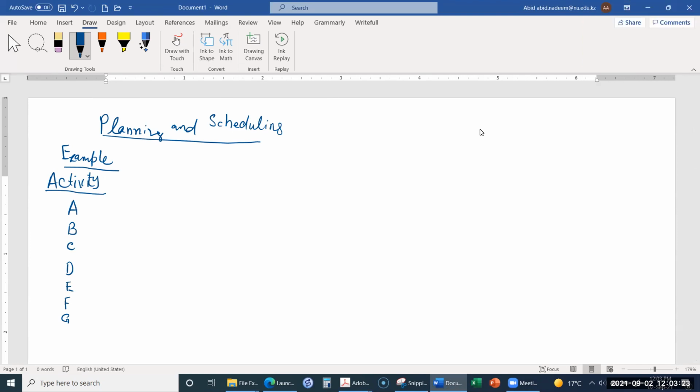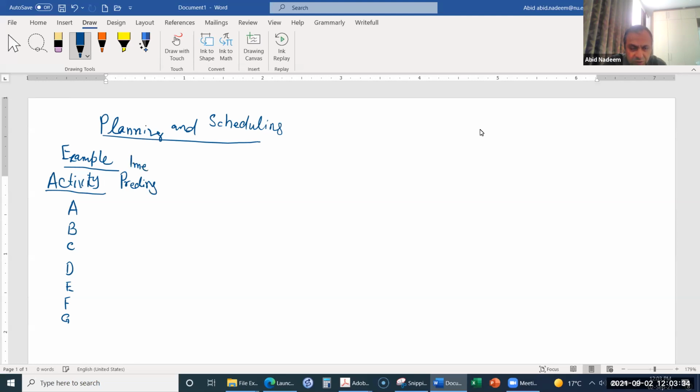Yes. Okay, so for each activity, we also know the immediately preceding activity. For A, there is no immediately preceding activity.